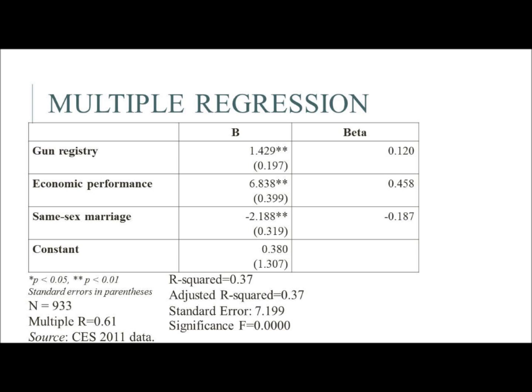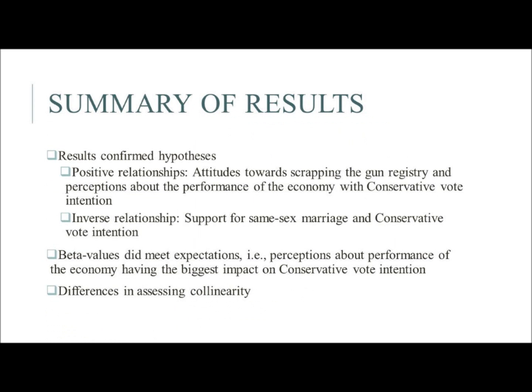For example, gun registry and perceptions about economic performance had a Pearson's R value of 0.17, indicating that the variables are closely related. Pearson's R values and the unstandardized regression coefficients confirm the hypotheses in terms of the direction of the association that the independent variables had with the dependent variable.